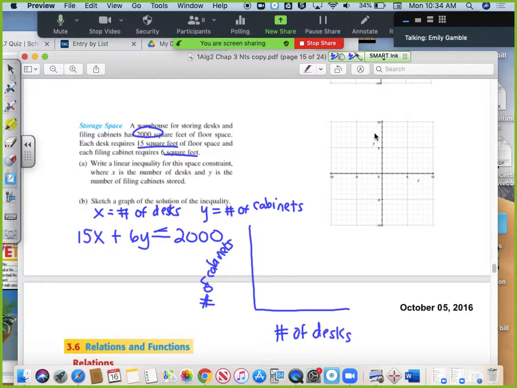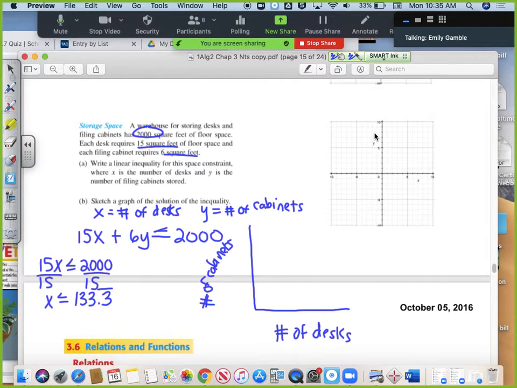To find the x-intercept, you let y go to 0, and you would just solve the little inequality. 15x is less than or equal to 2,000. Solving this, just dividing by 15, it's going to tell you where to plot on the x-axis how many desks would be the limit here. So 2,000 divided by 15 is 133.3 repeating.